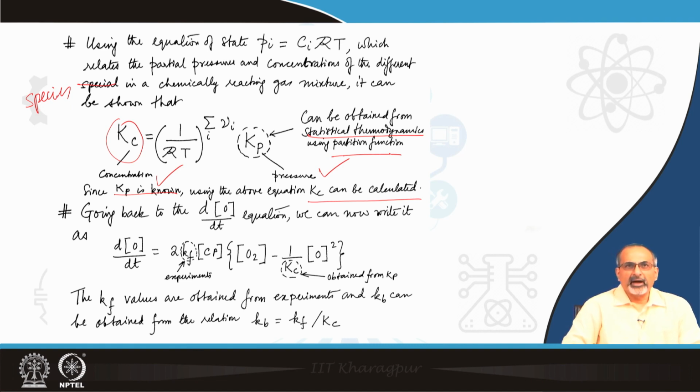And then if you go back with this concept to the dO/dt equation, O being the concentration of atomic oxygen, we can now write it in a form like this, where we see that the Kf is obtained from experiments, Kc has been obtained from Kp, and the Kb can be obtained now from this relation.